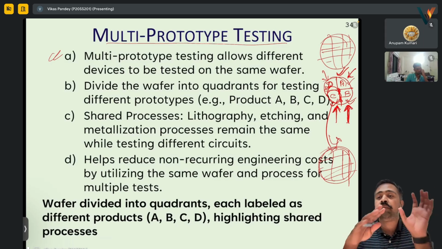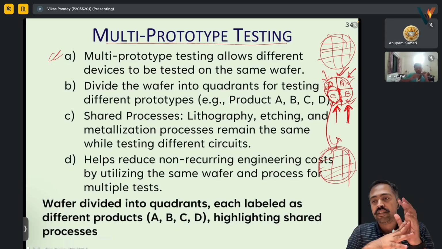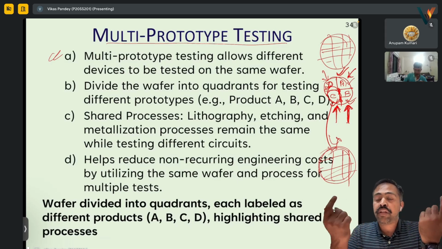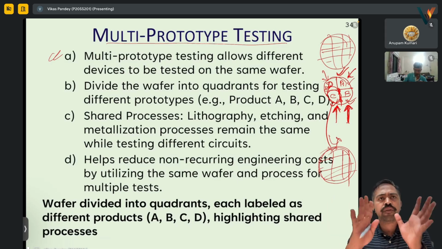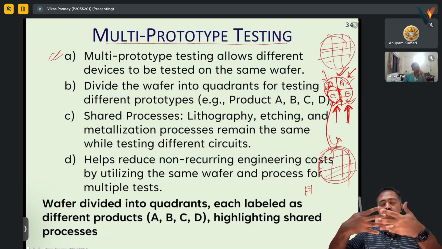The process will be the same, like say deposition, lithography, etching, and then passivation, and then electrical testing, in all these cases, but for different dimensions. For example, let's say I want to test, for a good sensor, what should be the distance between the interdigitated patterns, which are used in sensors where they have a finger kind of structure.